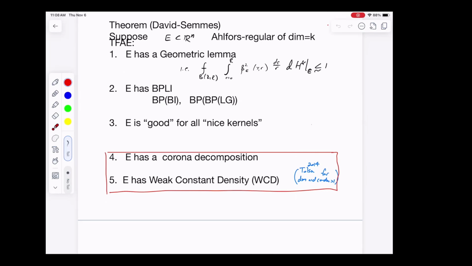It's worth noting that weak constant density being equivalent to all of these things, for codimension not equal to 1, was proven by Tolsa in 2014. Any of these properties is what's called being uniformly rectifiable, since they're all equivalent, and there are many other equivalent definitions. There are a lot of different nice characterizations of uniform rectifiability.